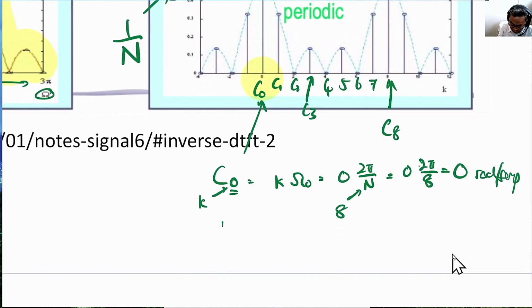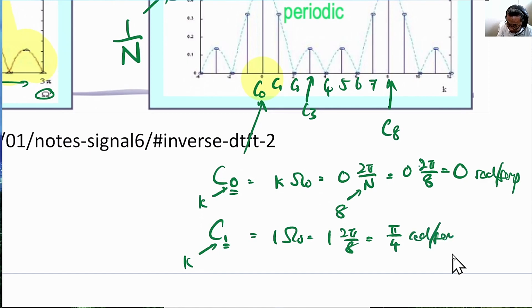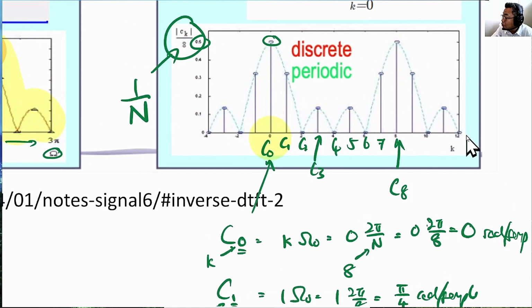What about C1? k equals 1. 1 times omega naught, 1 times 2 pi over 8, pi over 4 radian per sample. What is pi over 4? 0.25 pi. So this C1 is sitting at 0.25 pi.